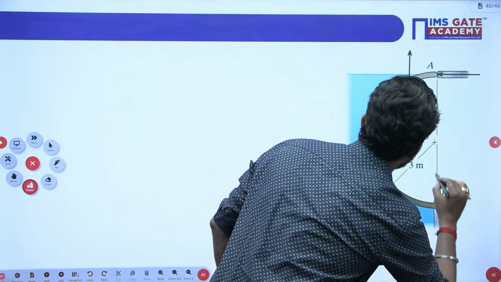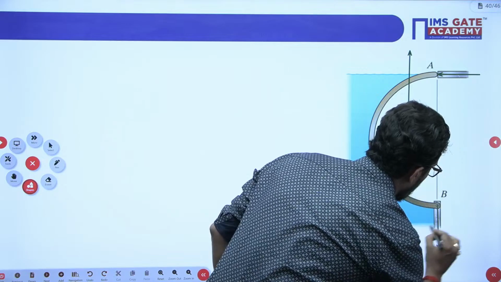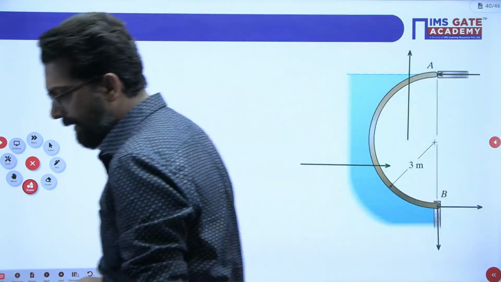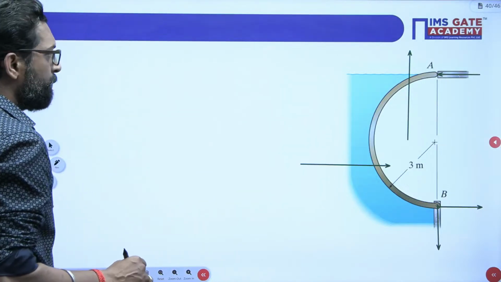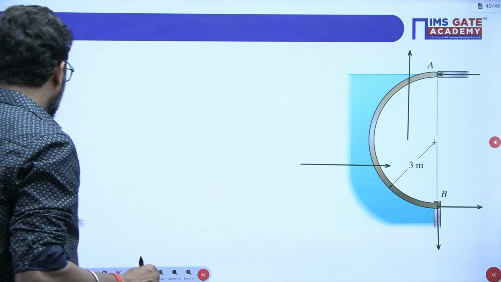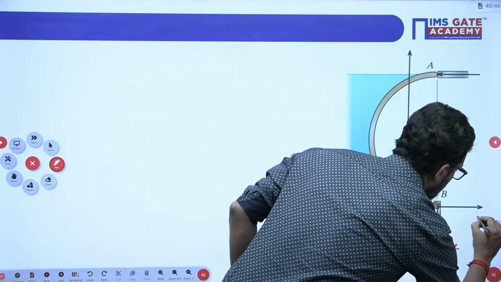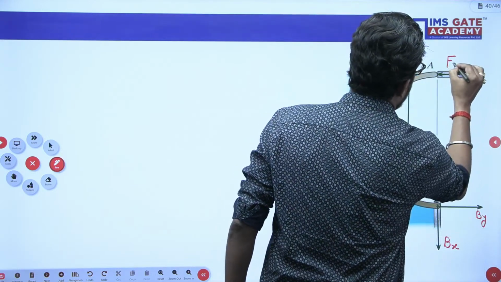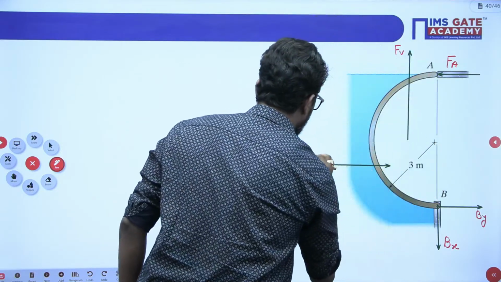In this direction, let's suppose a vertical force downward and a horizontal force. Let's suppose this is the force at the hinge, Bx and By, and this is your FA, this is your FV, this is your FH.